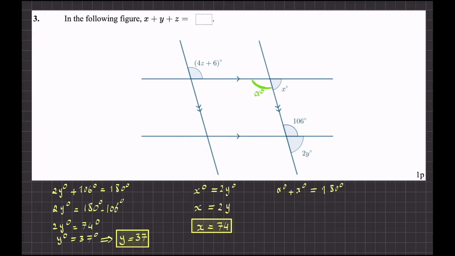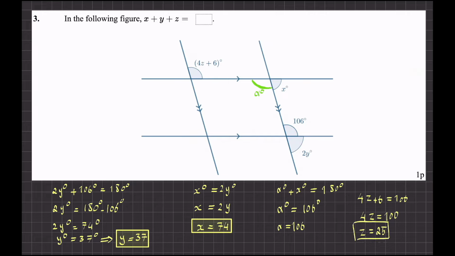I have x is 74. So alpha degrees becomes 106 degrees. So this means alpha is 106, but alpha is equal to 4z plus 6, so 4z plus 6 is 106, so this means 4z is 100, so then it means z is 25.